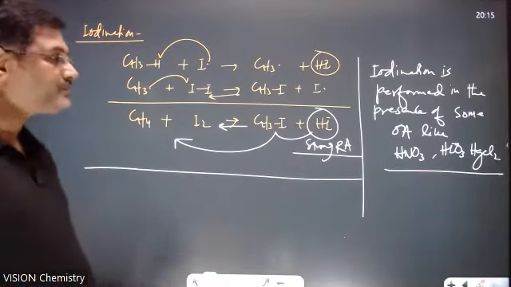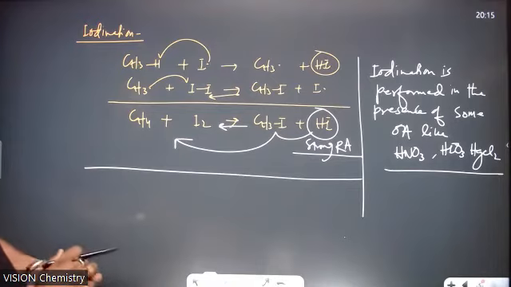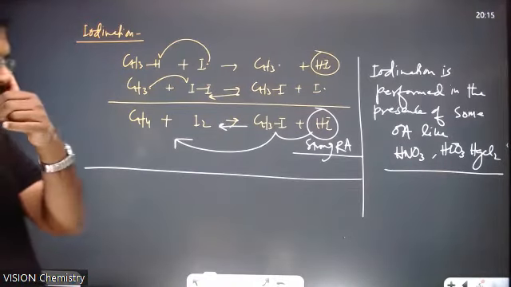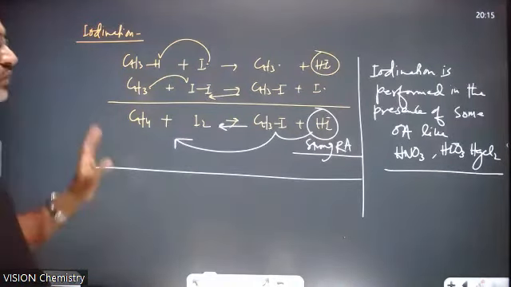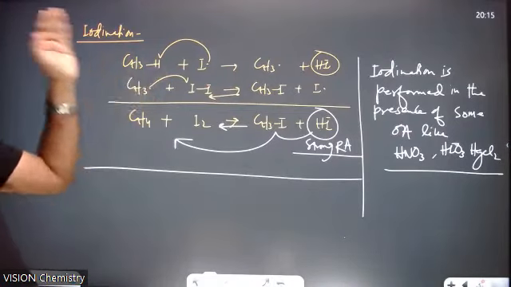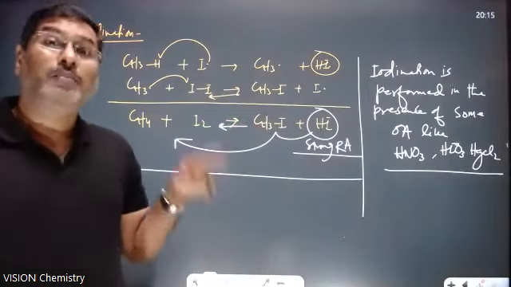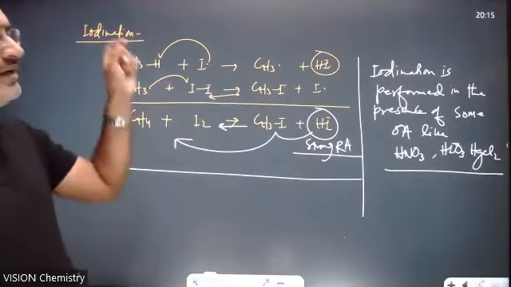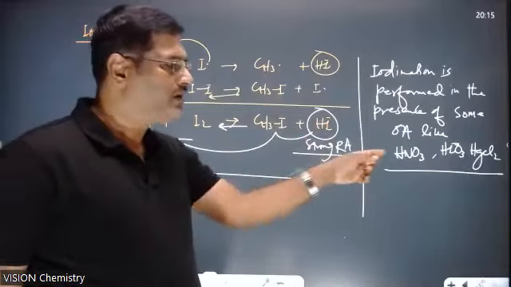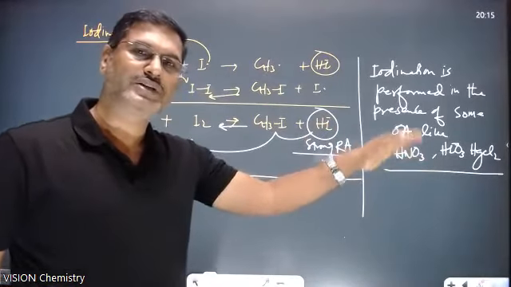All right. Now let's take chlorination and bromination. One thing is very clear: iodination is deadly slow because of its reversible nature, because of its reducing nature. But we have learned that this can be performed well if some oxidizing agents are used.